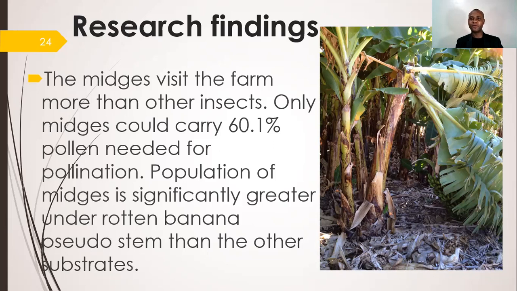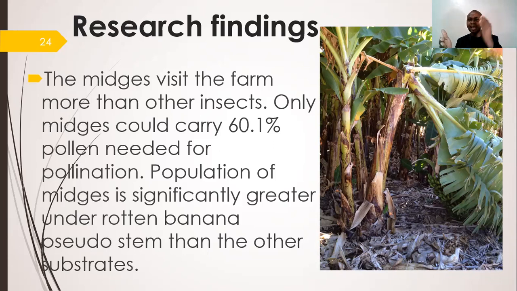Okay, so if there are rotten banana stems or rotten banana debris on the farm, the midges are able to reproduce faster. The pollinators are able to reproduce faster on the farm. So what that means is that as a farmer, you need to have some bananas in your cacao plantation.